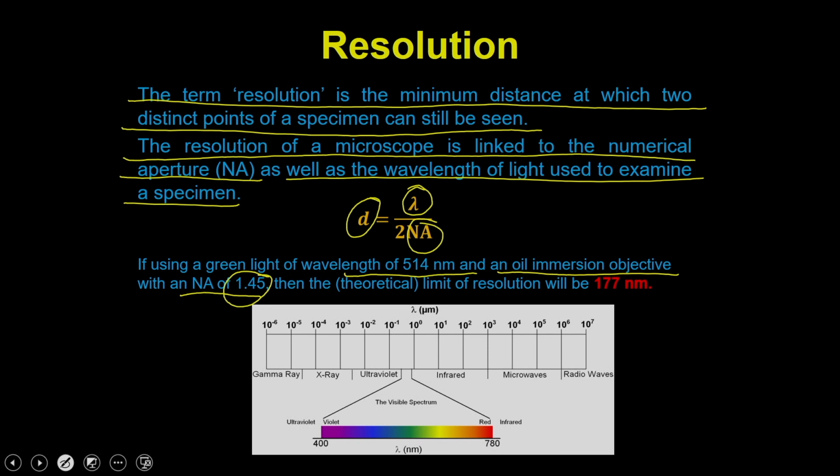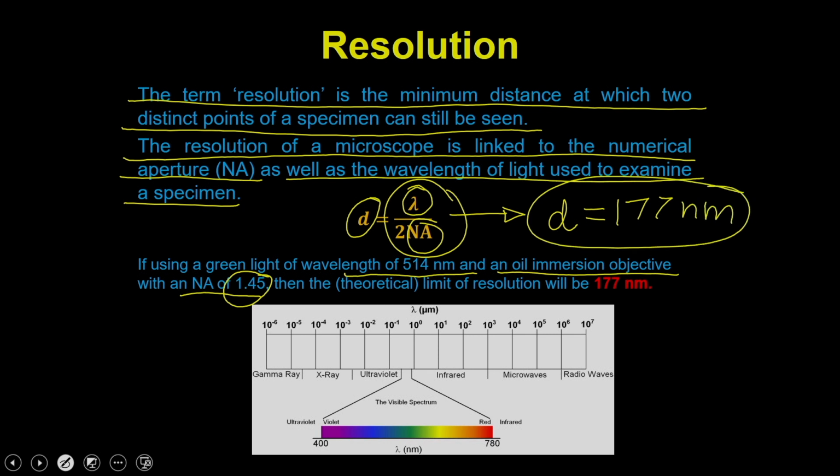If you put all these values into this formula, you get d as 177 nanometer, which means with the light microscope you can see objects that are 177 nanometer close by if you are using green light as the source of light.